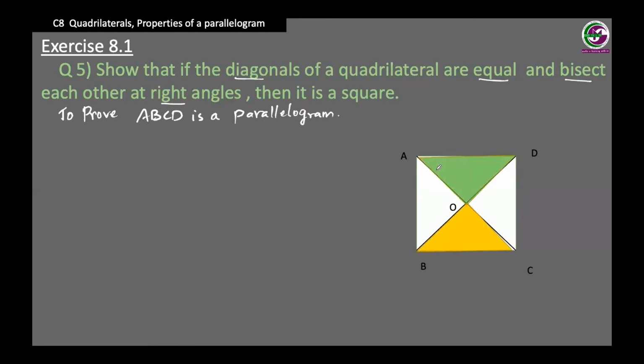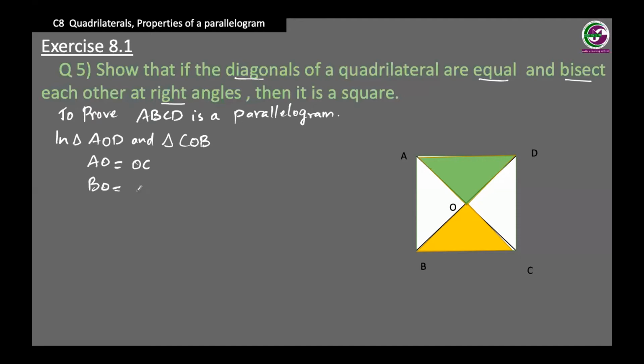First, to prove ABCD is a parallelogram, let us take the triangle AOD and BOC. So in triangle AOD and triangle COB, we can see that AO is equal to OC and BO is equal to OD.